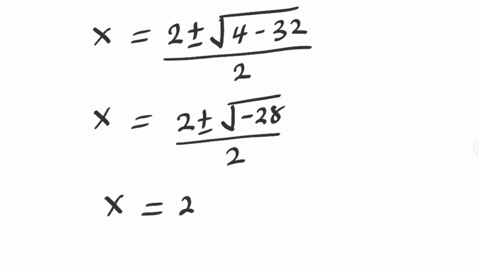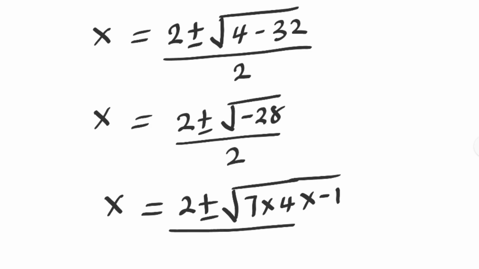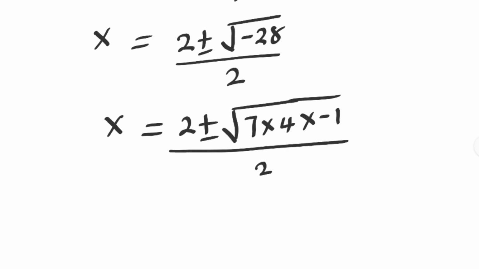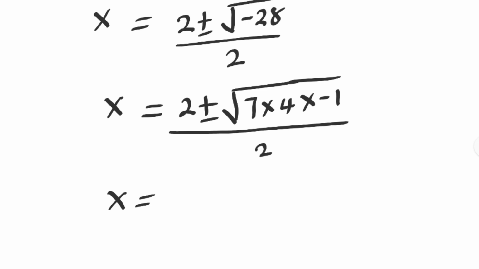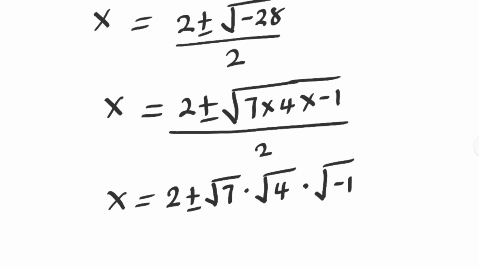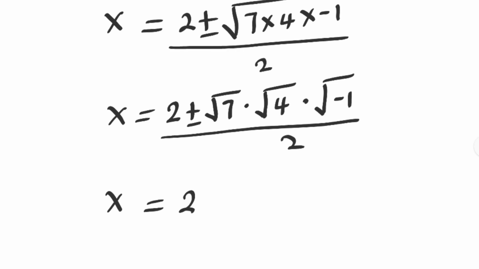x is equal to 2 plus or minus square root of minus 28, which can be written as square root of 7 multiplied by 4 multiplied by minus 1 over 2. Then x is equal to 2 plus or minus square root of 7 multiplied by square root of 4 multiplied by square root of minus 1 all over 2. Square root of 4 is 2.